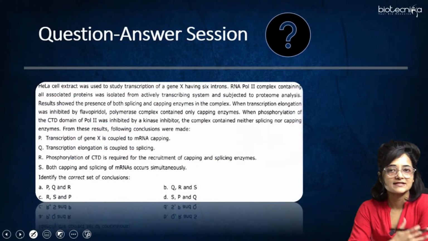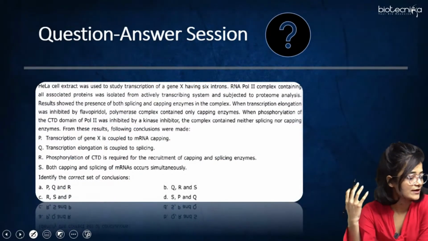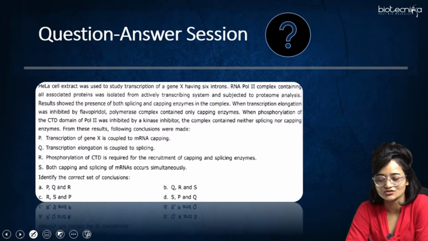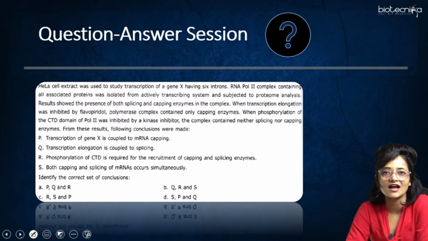On that basis, whatever we discussed, here is a question I have put up. The HeLa cell extract was used to study transcription of a gene X having 6 introns. The RNA polymerase II complex containing all associated proteins was isolated from an actively transcribing system and subjected to proteome analysis.